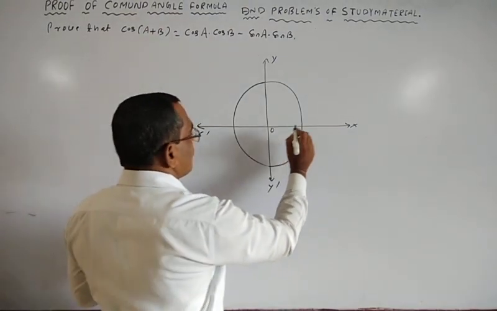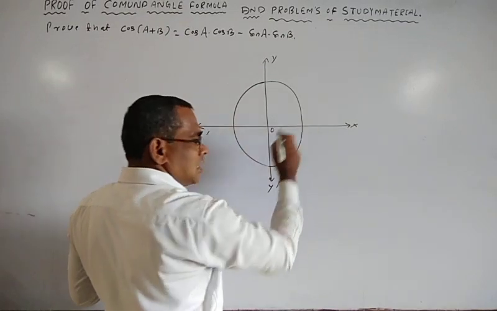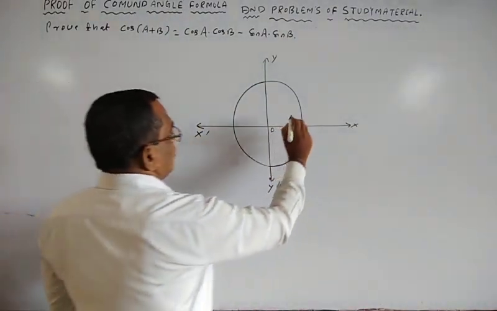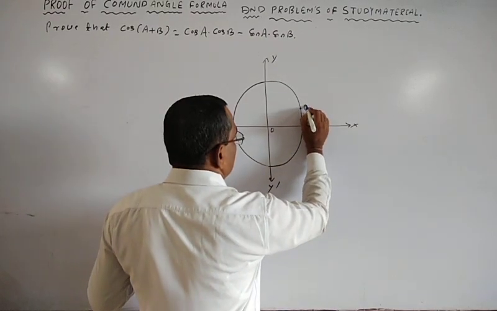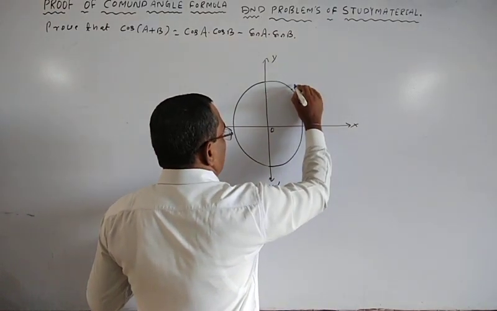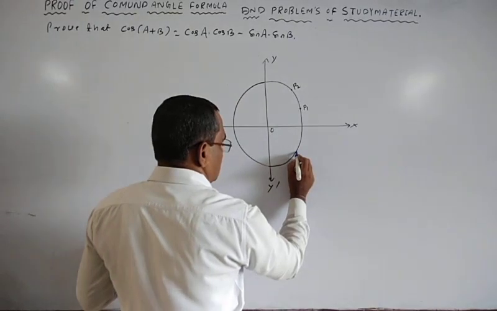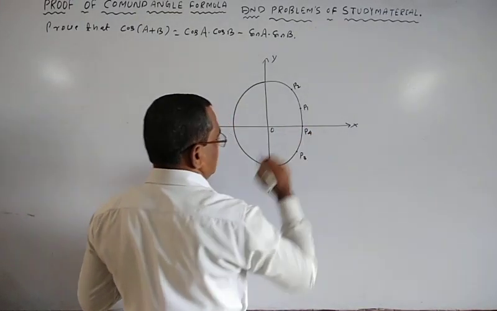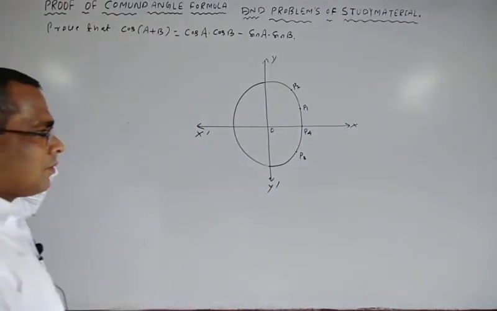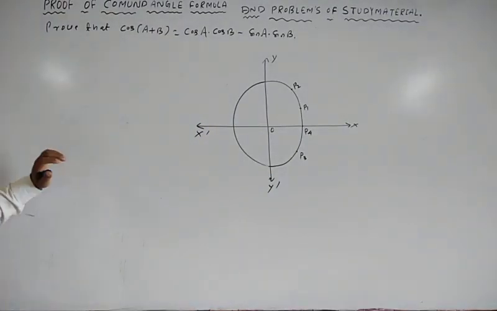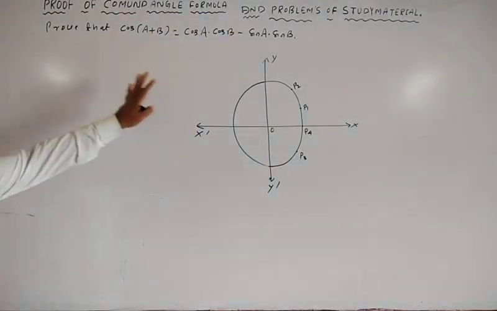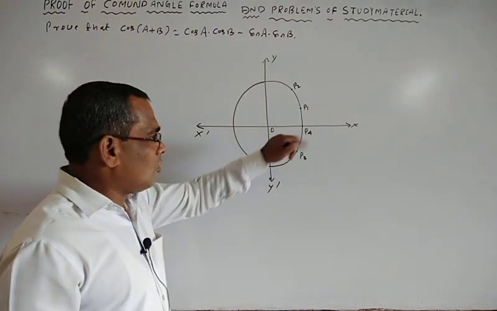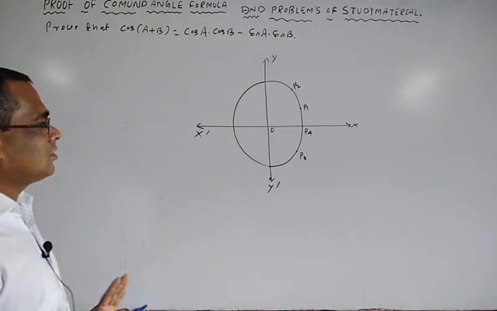So in that circle we take these 4 points. One is P1 and second one is P2. This is P3 and fourth one is P4. So P1, P2, P3, P4 are the 4 points on the circle. Okay, try to understand.